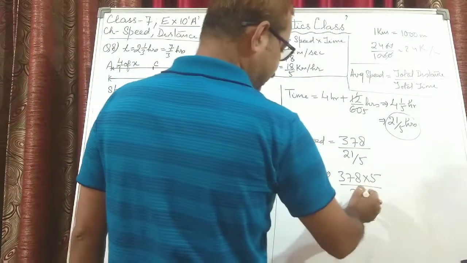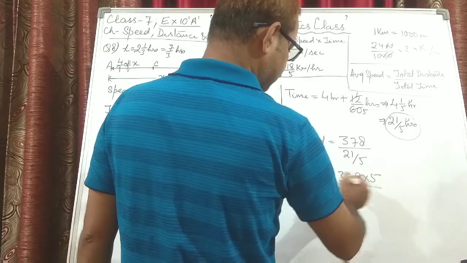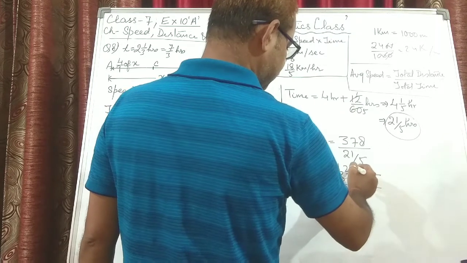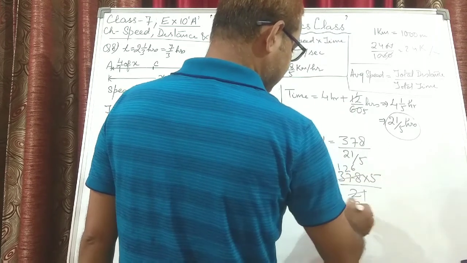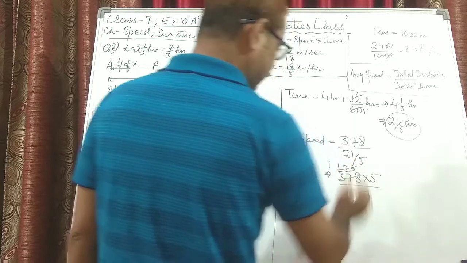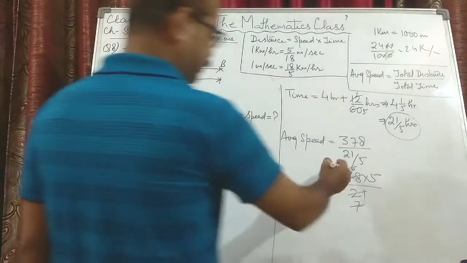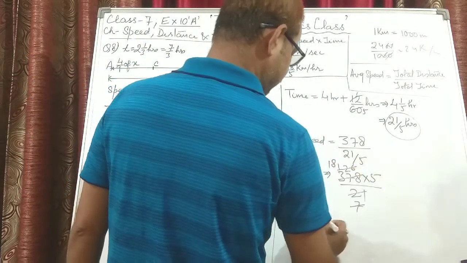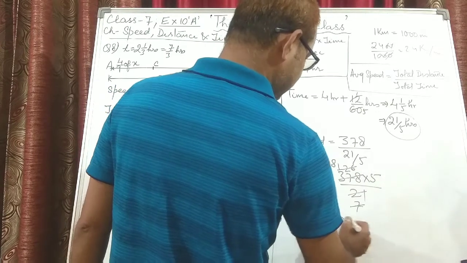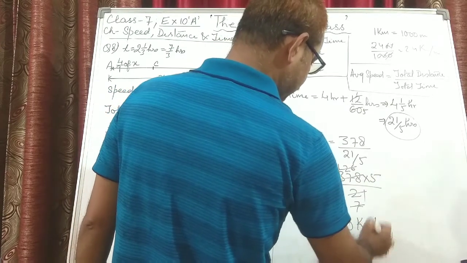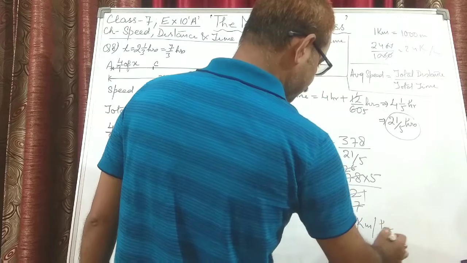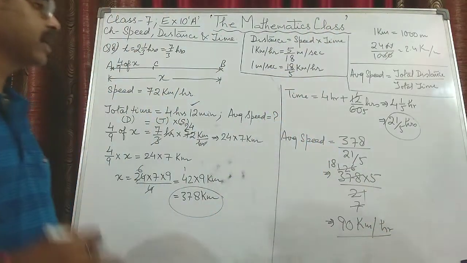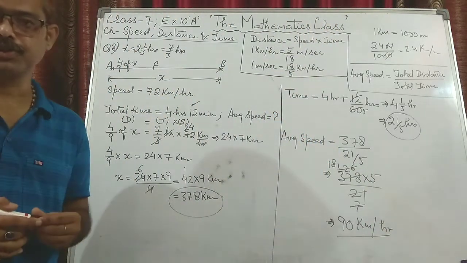Now 3 sevens are 21, 3 ones are 3, 3 twos are 6, 3 sixes are 18, so 18 fives are 90 kilometers per hour is the speed, or average speed is 90 kilometers per hour.